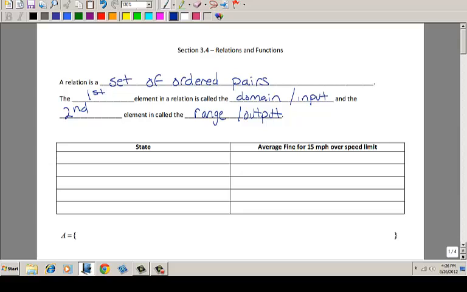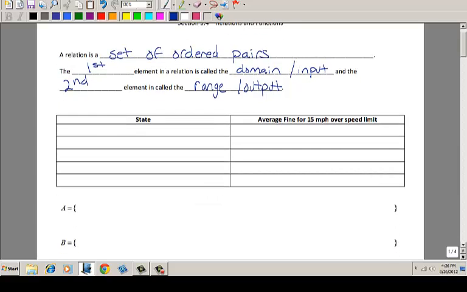We're going to do an example now, building a table, and then from that table we'll make two separate relations. So we're going to fill this table about states and average fine by making up some information. Let's say that in Connecticut, you have an average fine of $200 for going 15 miles an hour over the speed limit.